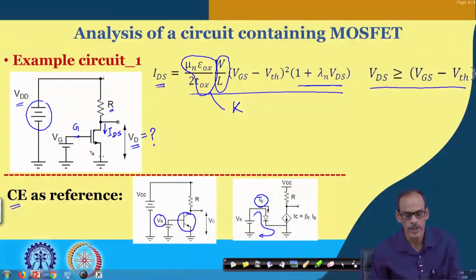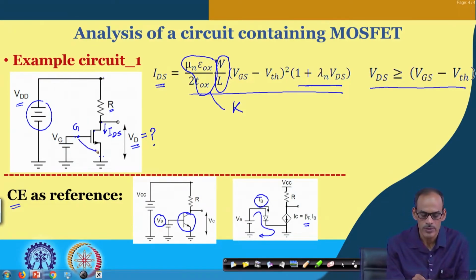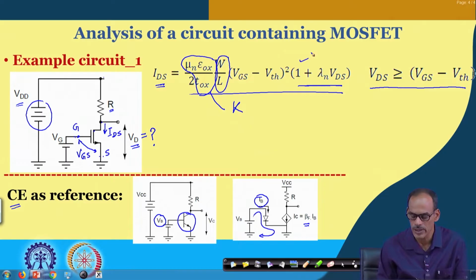So, let us see what kind of equivalent circuit we should be using, and how this equation is playing an important role. In fact, in this circuit we do not have any notion called beta of the transistor as we have seen for BJT. Instead, the VGS is directly controlling the drain to source current, okay, and hence this equation will be directly used.